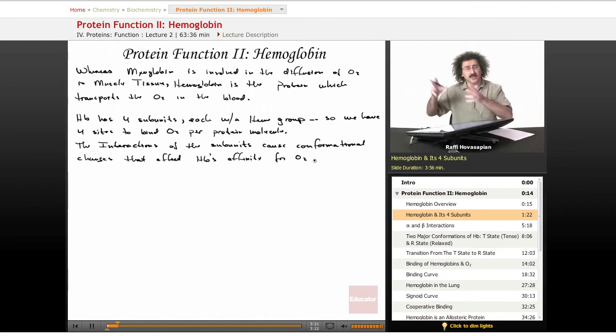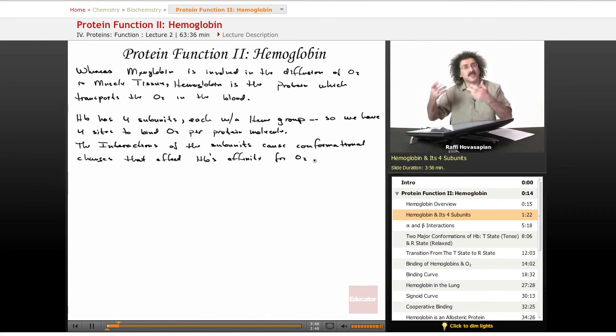We need to take it to another part of the body, to the tissues, and we need to be able to release it. So we need that great degree of flexibility, in fact, because the oxygen coming from the lungs is going to be a particular concentration of oxygen, but that's not the same concentration of oxygen that's in the tissues. So we don't want some molecule that just binds O2 and hangs onto it.